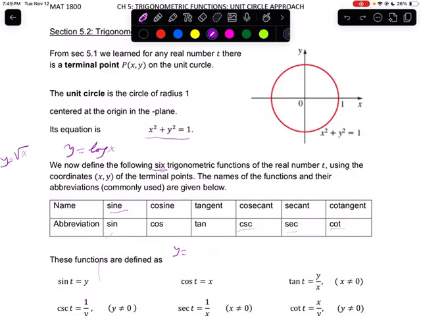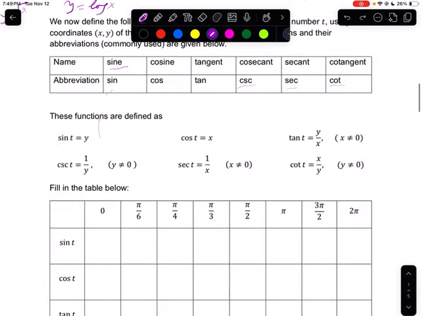So the sine function we define as sine of t equals y. What does that mean? If you have a terminal point, a point on this unit circle whose coordinates you know, then for the distance t that you covered from the starting point, look at the terminal point associated with that t.